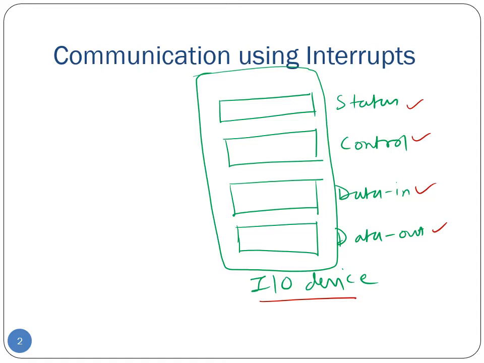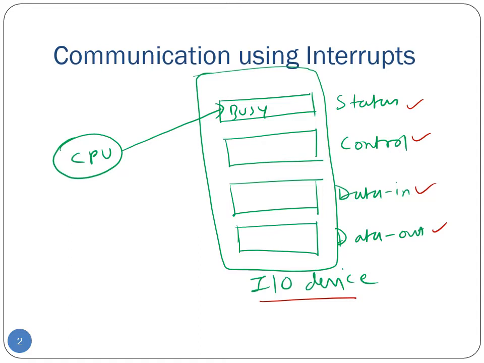We saw in the previous lecture that in polling based communication, whenever the CPU needs to communicate with an I/O device, it will go read the status register of the I/O device to check whether the device is available or not. If the device is busy, then the CPU will keep polling, or basically busy waiting on this status register until the device becomes available.